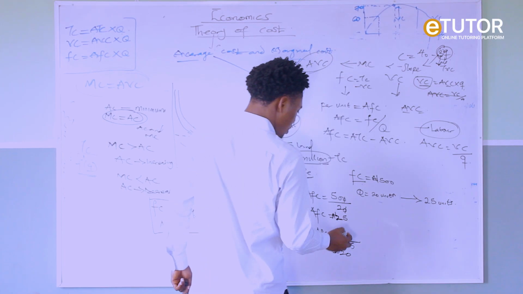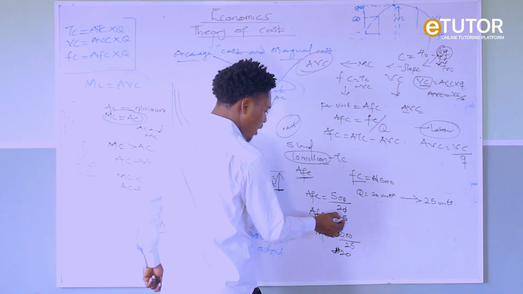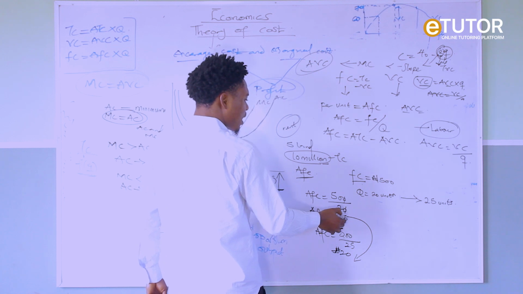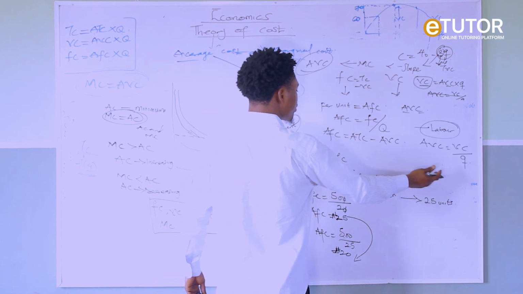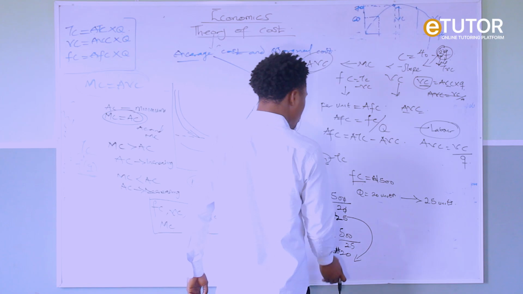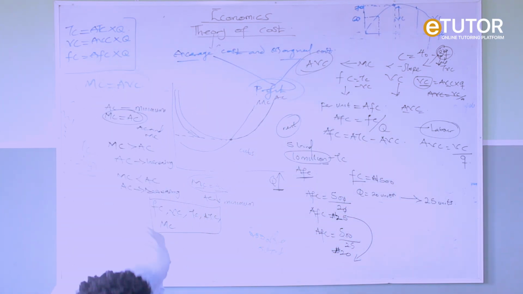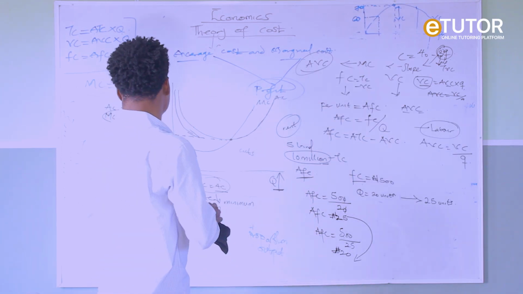So what do you notice? The average fixed cost has reduced from 25 naira to 20 naira. Why? Quantity has increased. If quantity increases again, your average fixed cost must fall. So that is how we explain our average fixed cost.